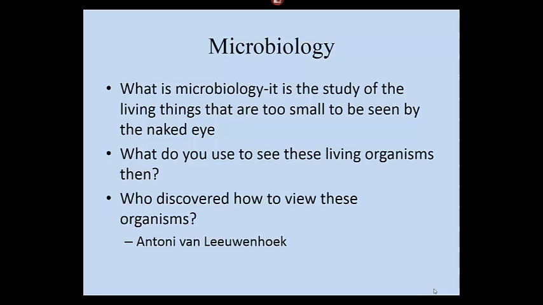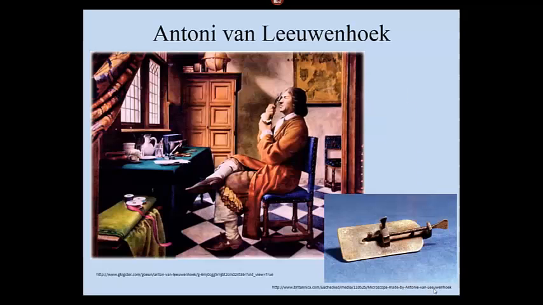And the very first microscope was developed by Antony van Leeuwenhoek. And van Leeuwenhoek's microscope, as I was describing today in class, is truly little more than a glorified handheld magnifying glass.